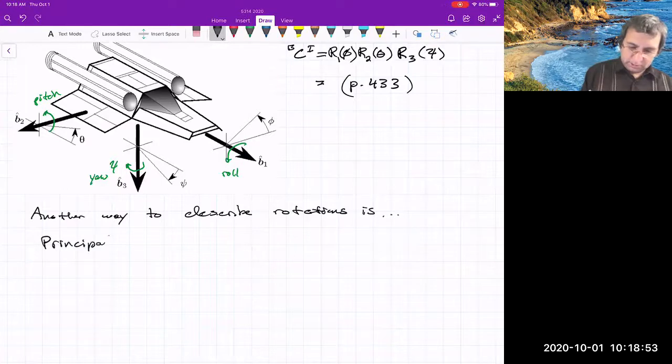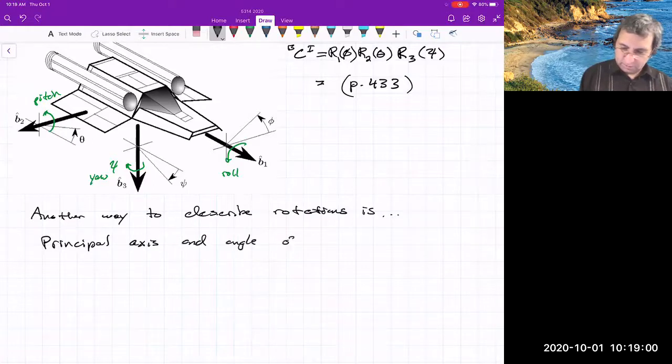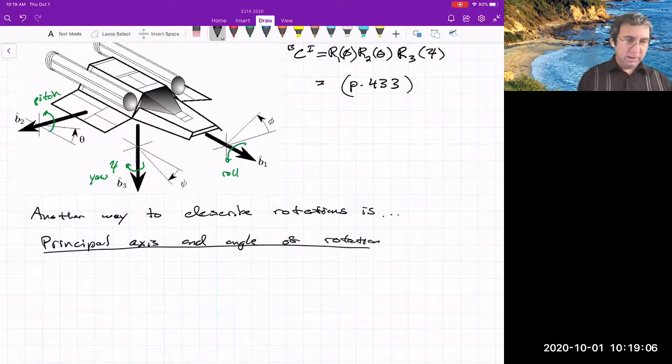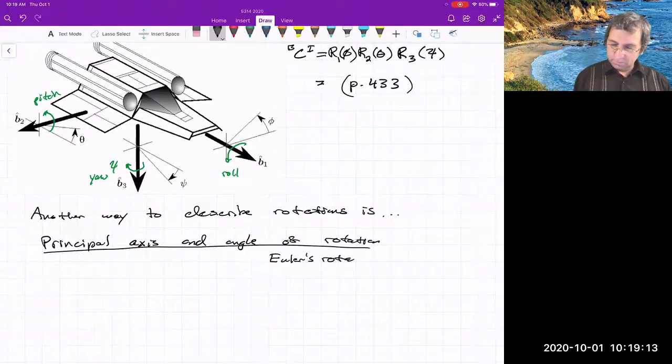So let's say something about that. This is due to something called Euler's rotation theorem. This Euler, he did a lot.